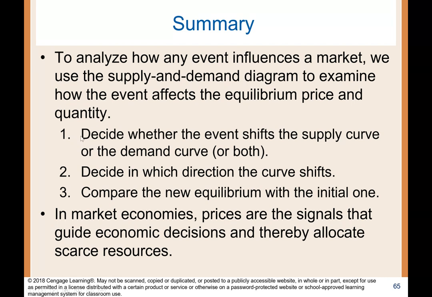These are the steps. Number one, decide whether the event shifts the supply curve or the demand curve, or both. Number two, decide in which direction the curve shifts. Number three, compare the new equilibrium with the initial one. In market economies, prices are the signals that guide economic decisions and thereby allocate scarce resources.